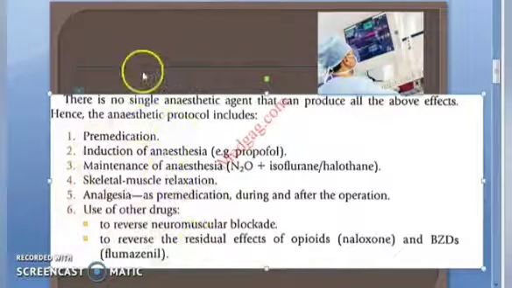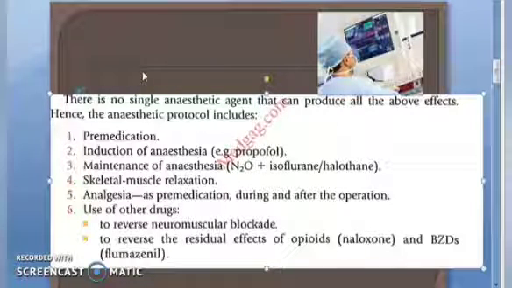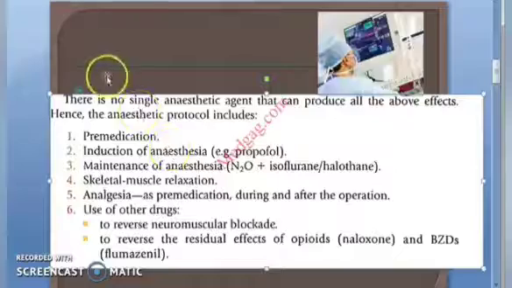But before all this, actually what they do, they go through the checks, you know, chest x-ray and comorbidities, everything they check.